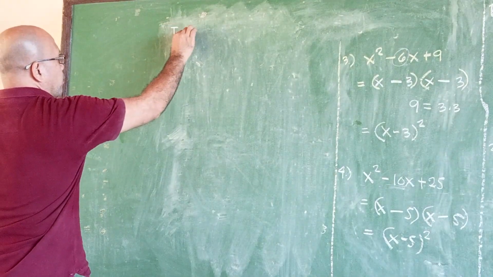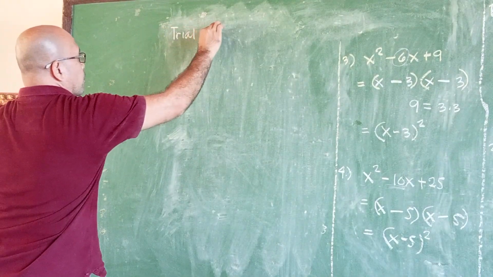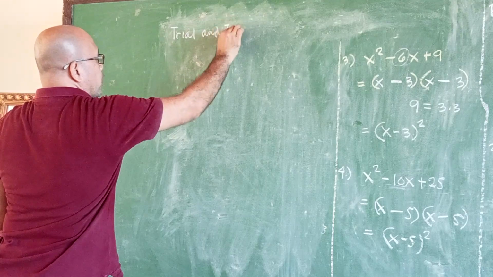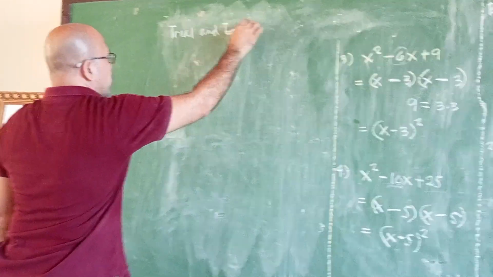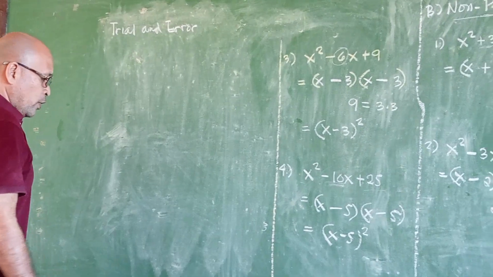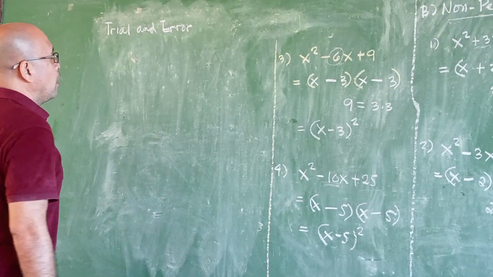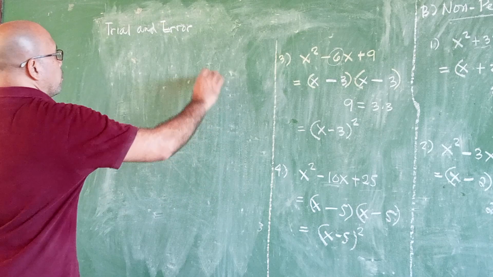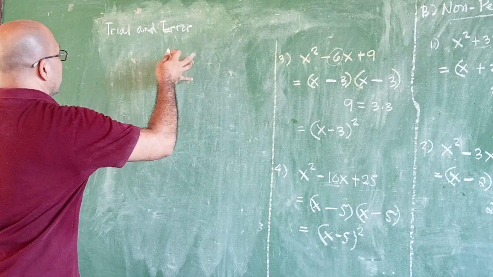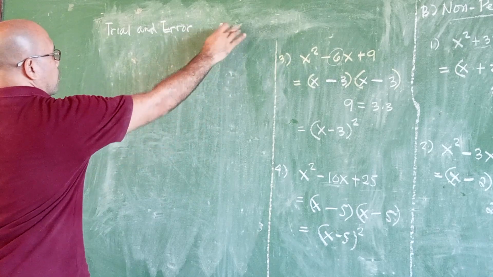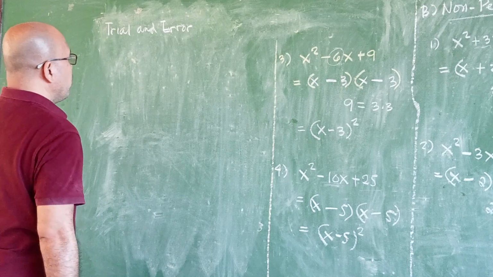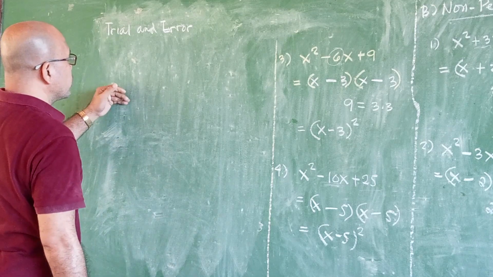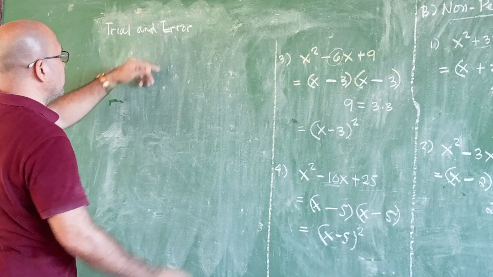For the trial and error, it is considered trial because you need to do some attempts, and the resulting factors may not be the required factor. That is why it is considered error.